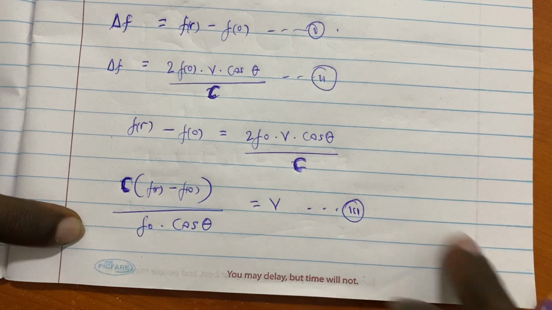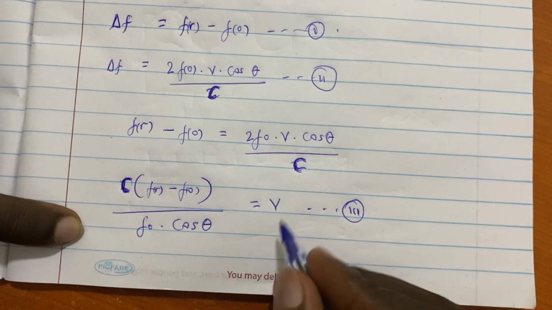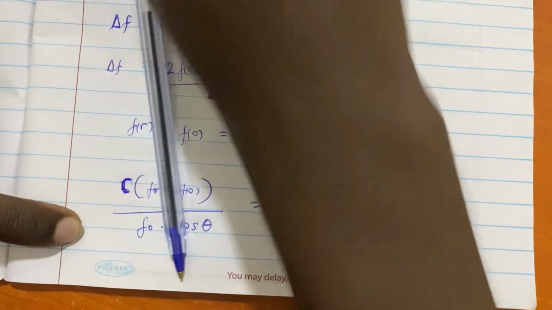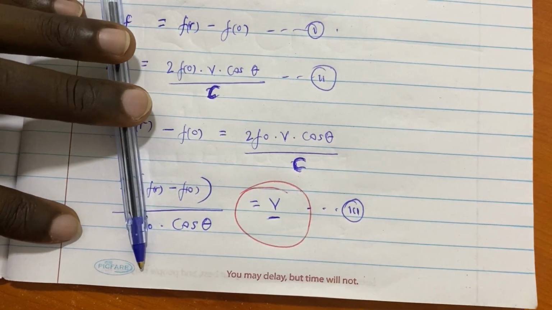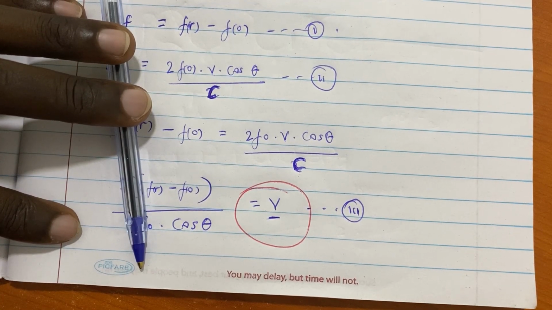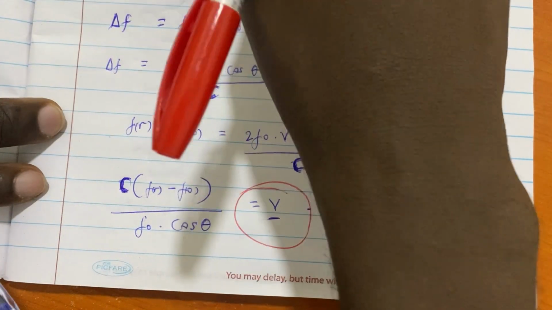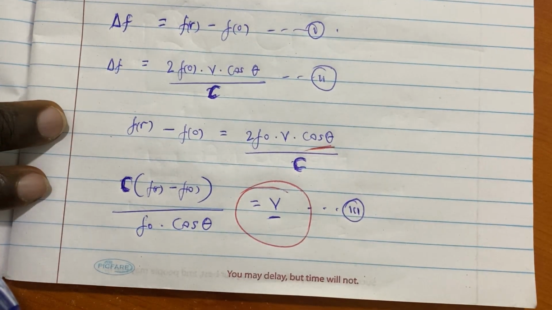We have this equation 3. This is what we are measuring with Doppler shift. With Doppler shift, we are measuring the velocity of whatever is moving. Now this time, blood. This is why I even used red blood cells. So what is this? Cos of theta.